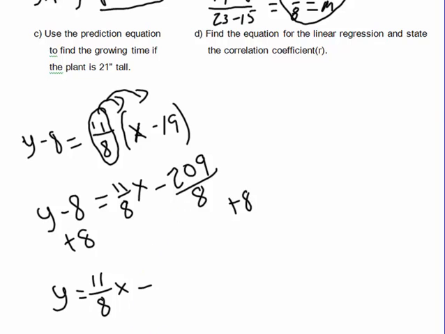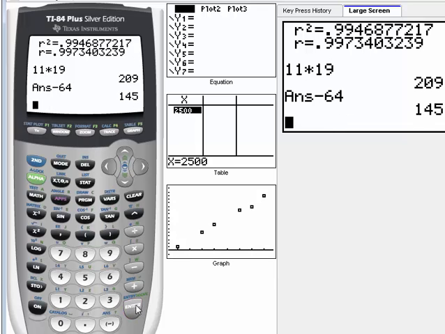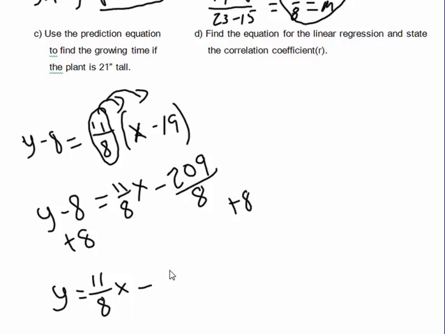So, minus 64, 145 eighths. So I get 145 eighths. There we go. Much better. Sorry about that. Okay.